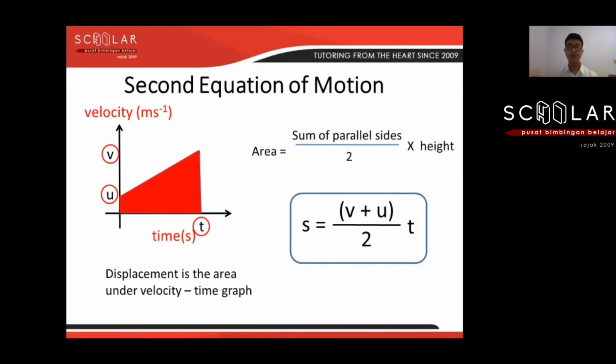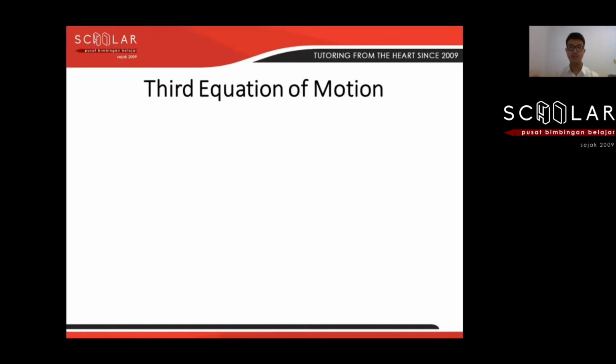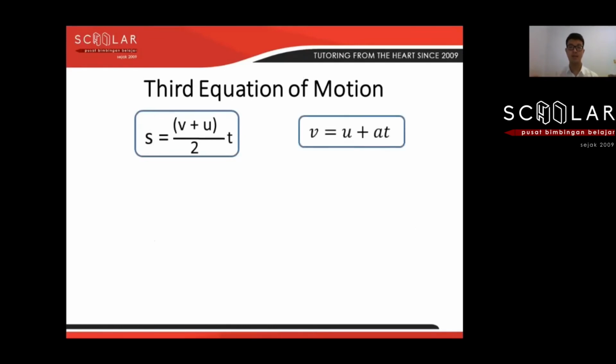Let's move on to the third equation of motion. This third equation of motion can be gained from the first and second equations combined together. We do it by substituting the v term in the second equation with u plus at from the first equation.